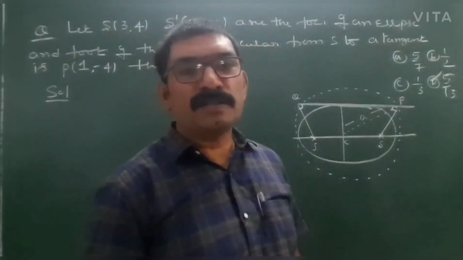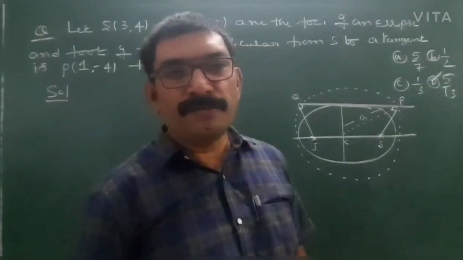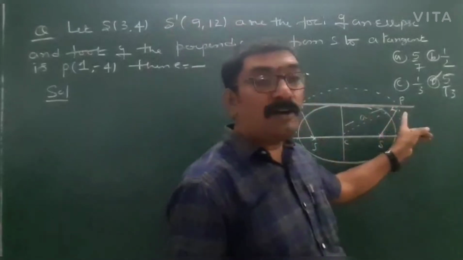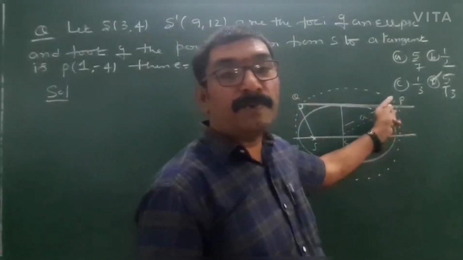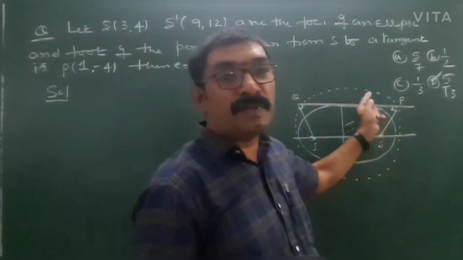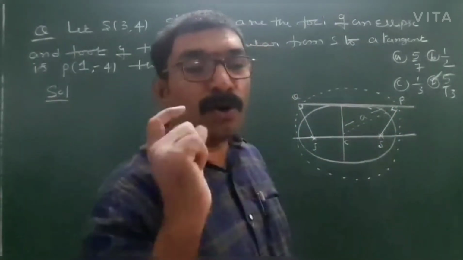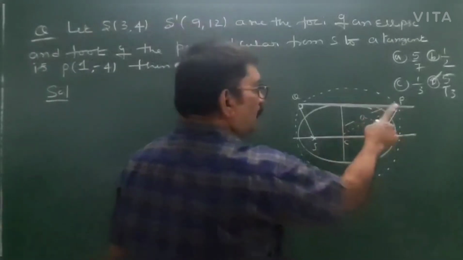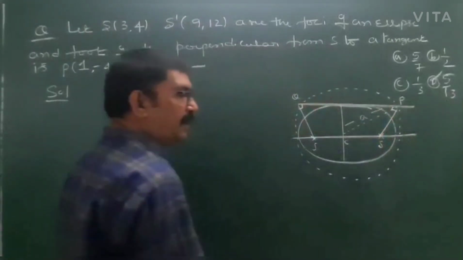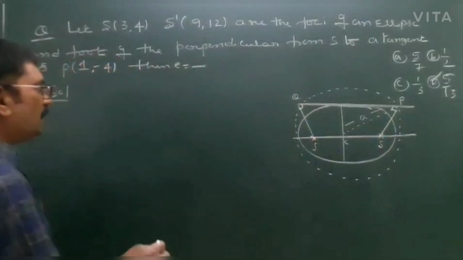That is mere waste. This locus concept is most important: the locus of feet of the perpendicular from the foci to the tangent is nothing but an auxiliary circle. By knowing this, we came to know that P lies on the auxiliary circle.